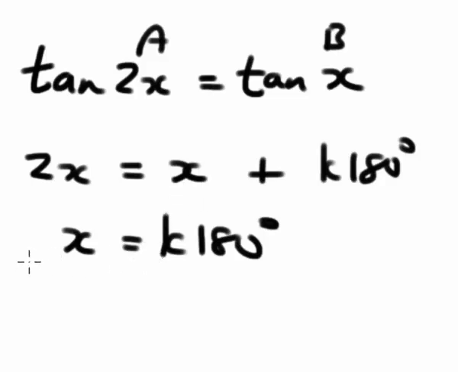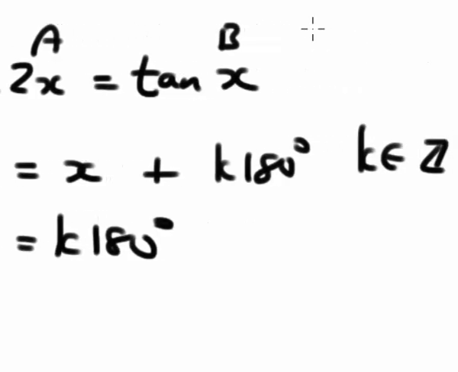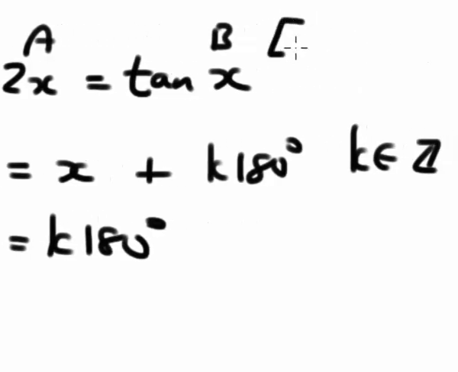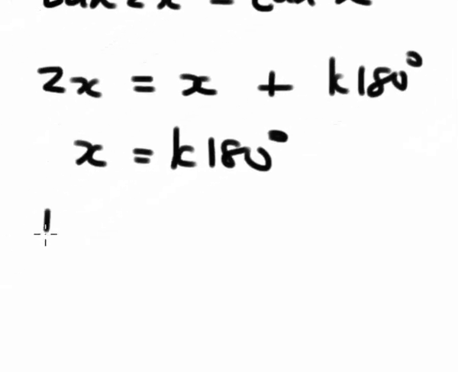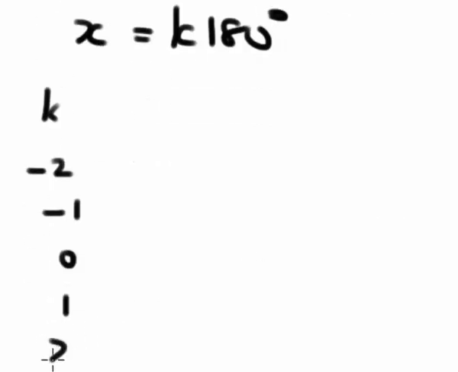They might even put in a bit of a restriction. Say they said x goes from minus 360, we'll include them, to 360. Well, what you could then do is quite easily draw up a little table. So you could say, let's pick some values for k: minus 2, minus 1, 0, 1, and 2. Let's try those. And then, of course, our general solution is this.